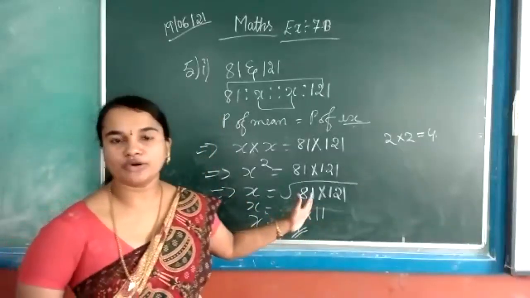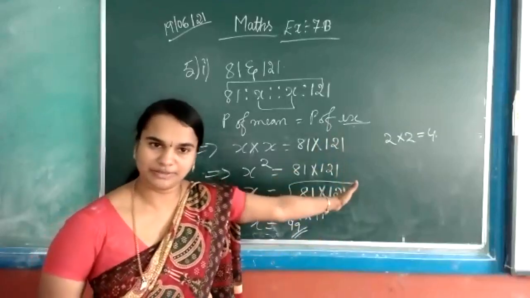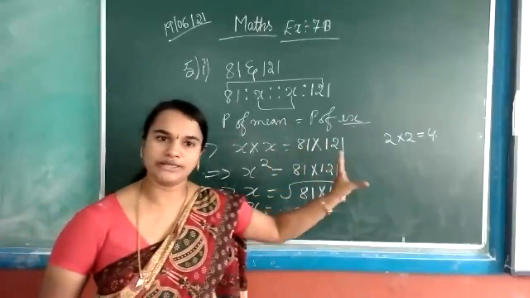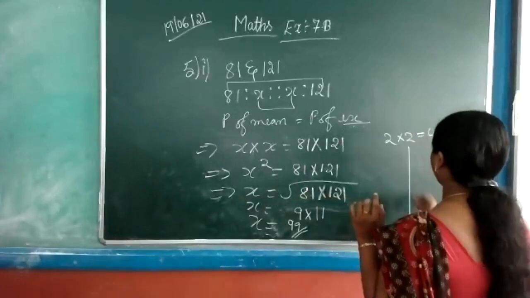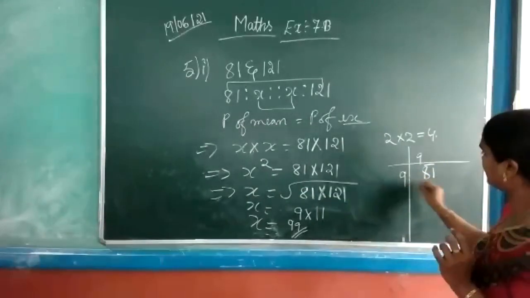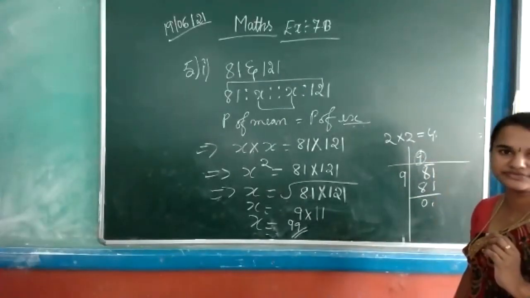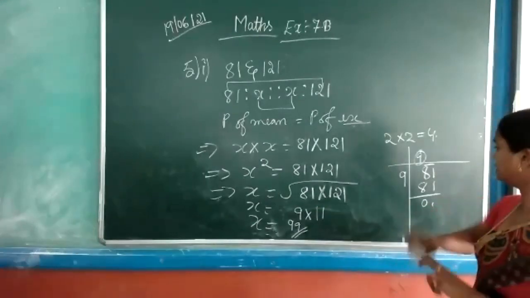There is a method to find the square root, but I am not explaining it now, it will be confusing. In your class it is easy, only up to 20 square roots are there. Otherwise, one method is there: if you have to find 81, 9 9s are 81, remainder 0, so the square root is 9. Like this we are finding. So no need, do it directly.